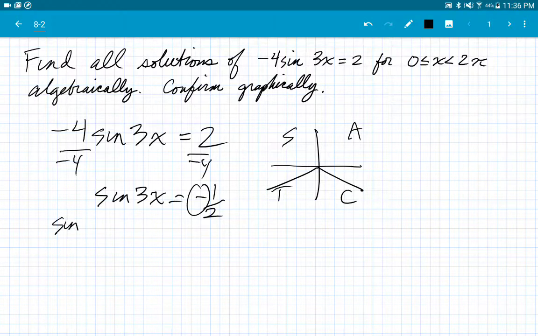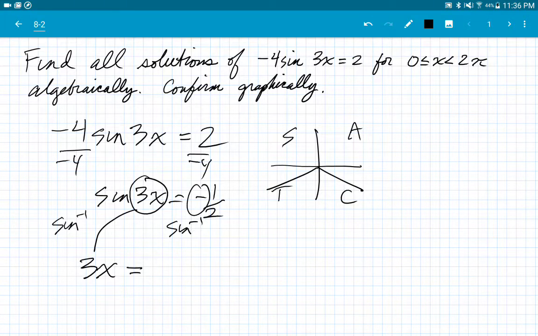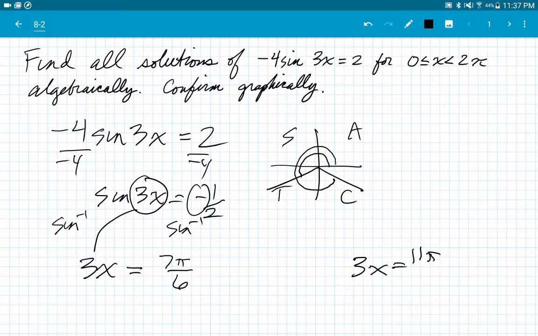If we arc sine both sides, then we know that 3x is equal to, well, what is that angle when it gives us half? In quadrant 3, that'll be 7 pi over 6. And likewise, in quadrant 4, that will be 3x equal to 11 pi over 6.